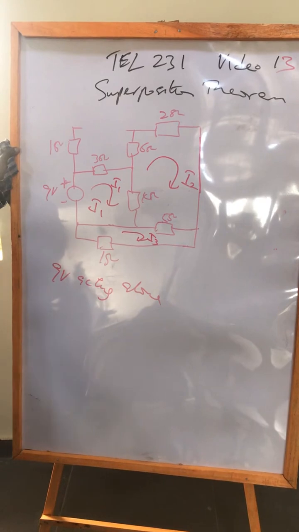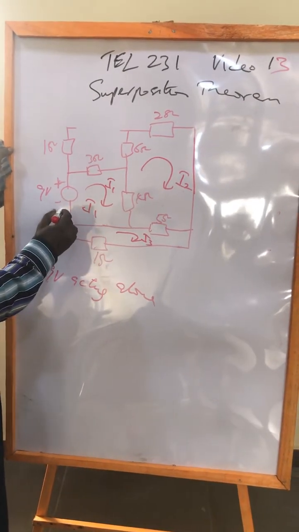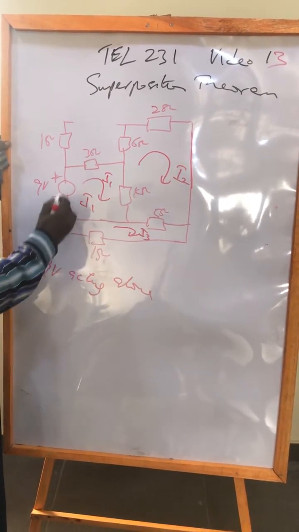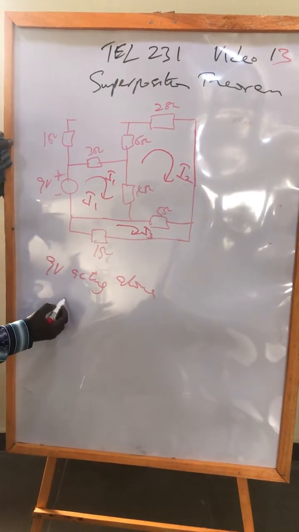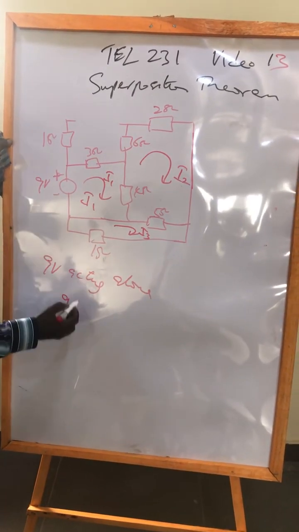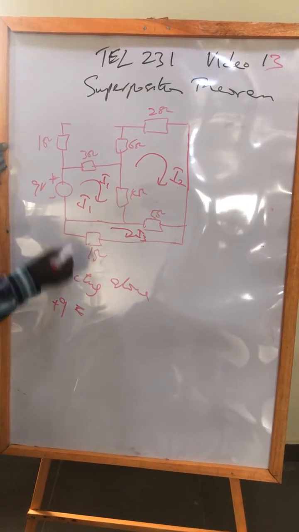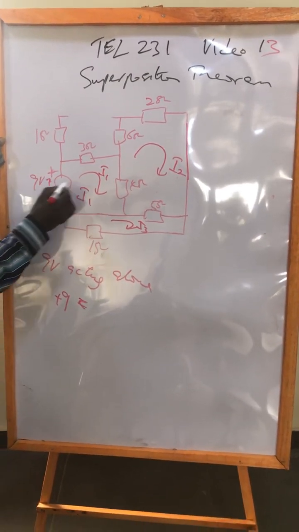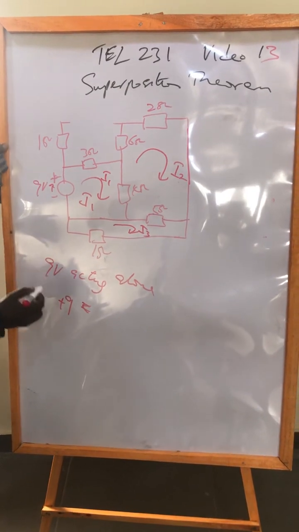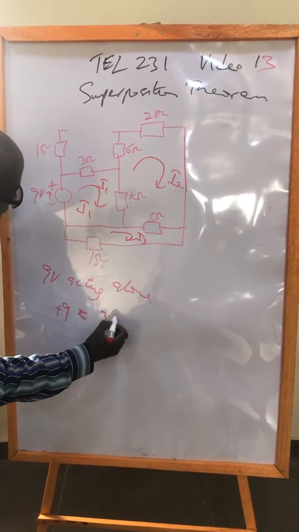Now, from here, if you write KVL for this, 9 volts will be equal to, this 9 will be positive because this direction of the EMF is in line with that direction, is going to be equal to what?